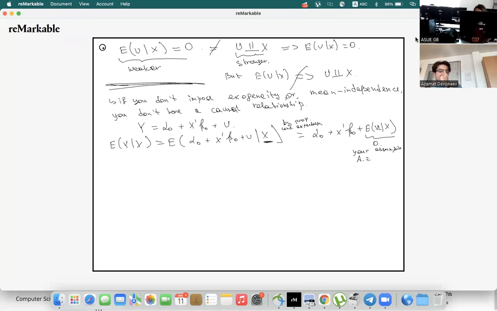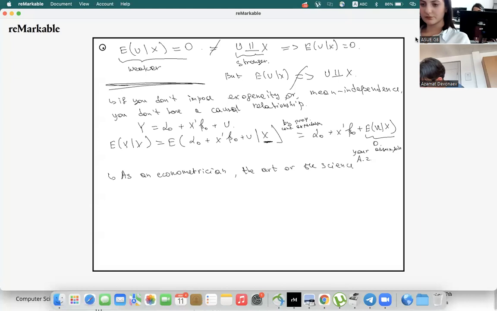I'm just saying this. As an econometrician, the art or the science is to make sure that in your model, this one is true.